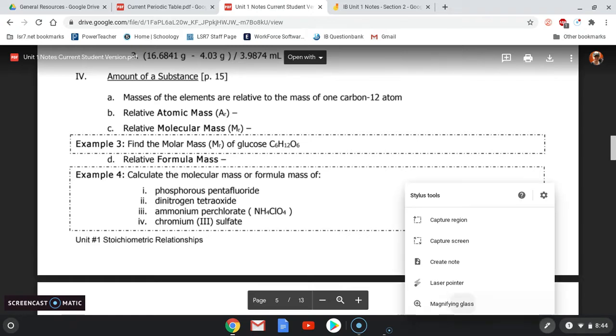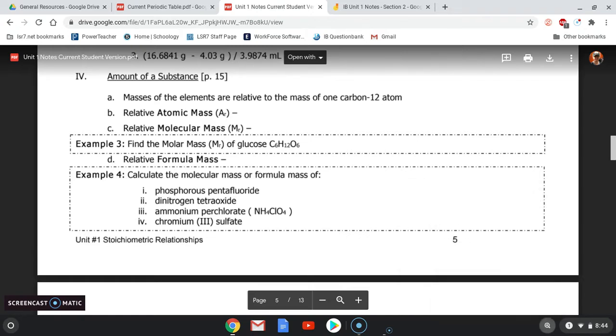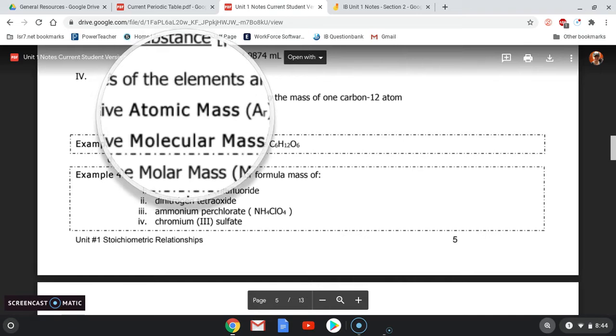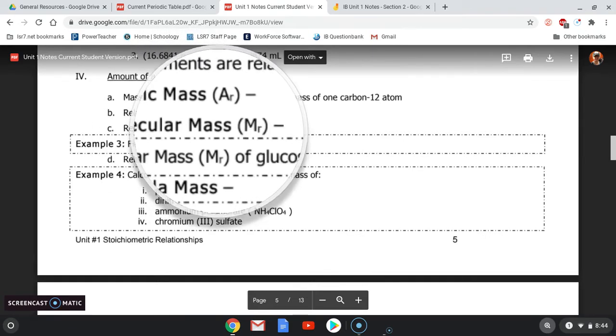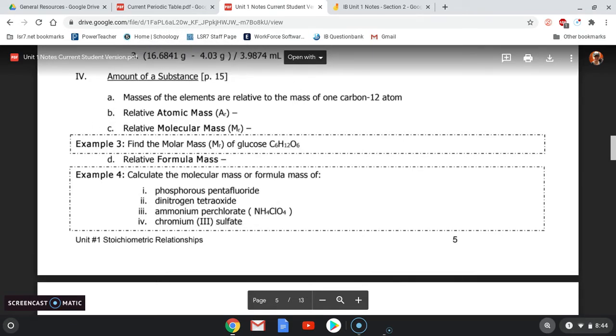So what I want you to understand is the atomic mass right here, then the molecular mass below it, and then down here, relative formula mass. These are a lot of names for similar concepts. What you want to write down for atomic mass or AR, remember the terminology could be a little different in IB because it's an international class.